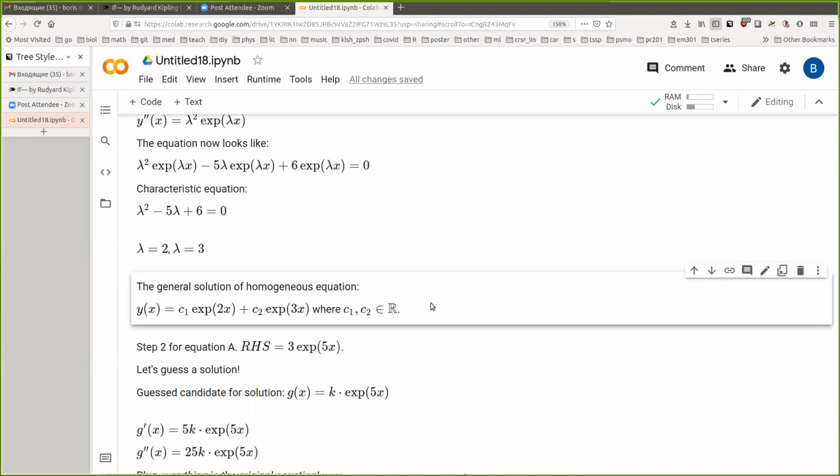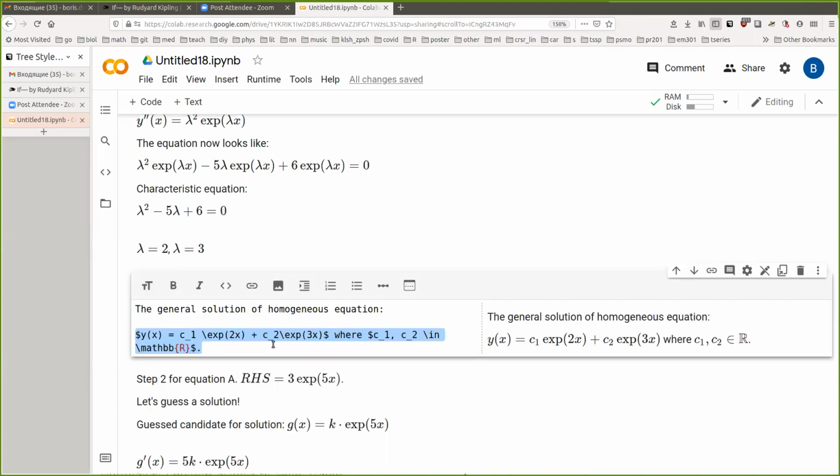If I plug in 5 exponent of 2x, I will get 0. If I plug in exponent of 3x, or 5 exponent of 3x, everything specified by this homogeneous solution, I will get 0 and not the right-hand side.